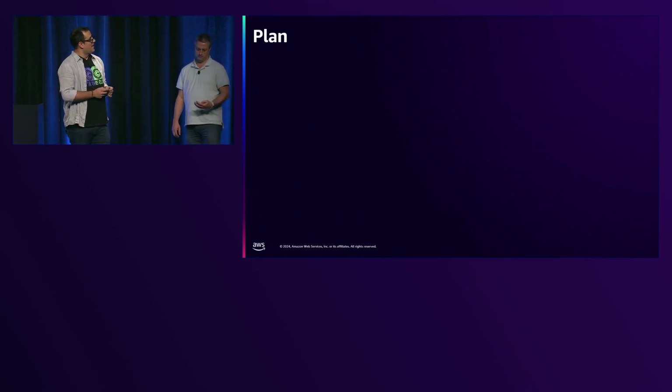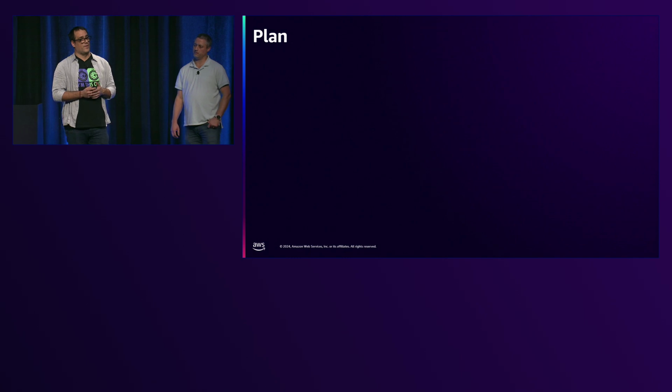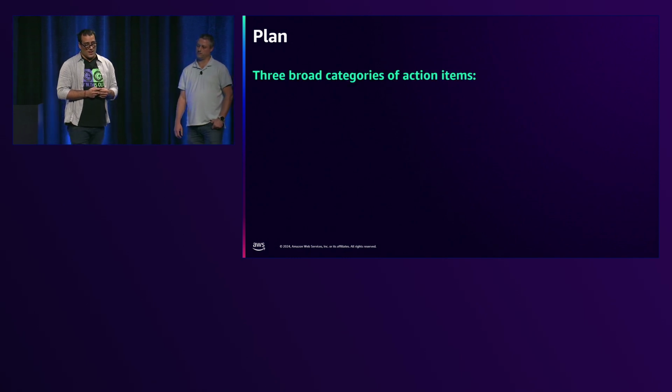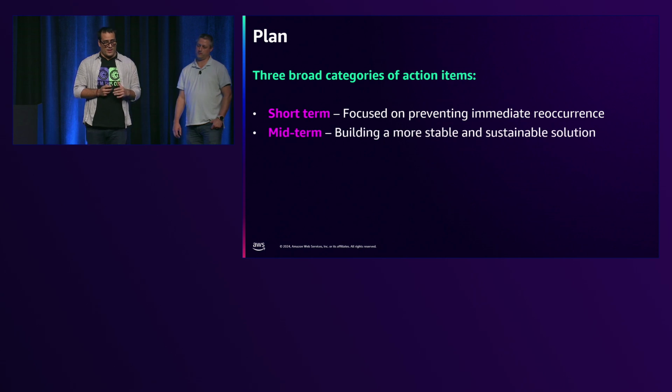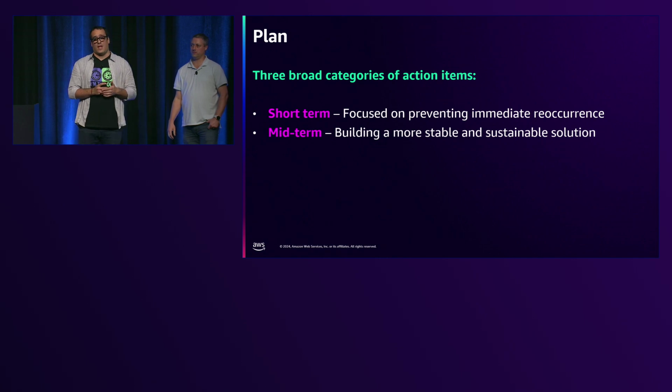So after we got this document out, it becomes all about planning for the action items we committed on. Broadly speaking, we have 3 categories of action items. The first one is short-term ones. They tend to be delivered in hours, and we run 24/7 to deliver them.